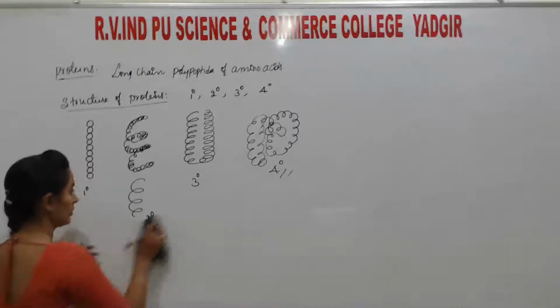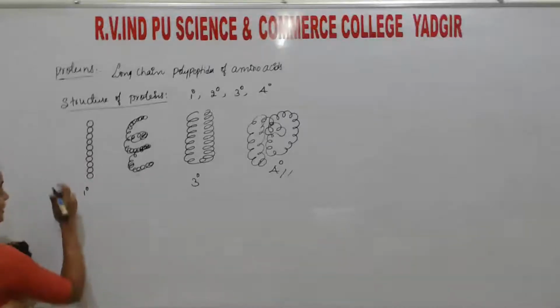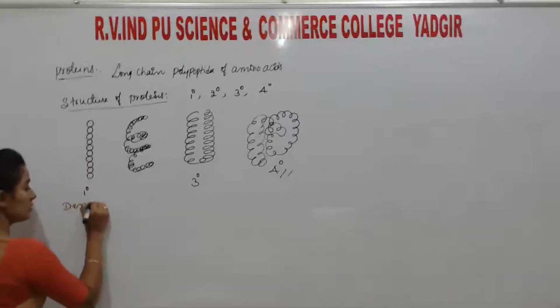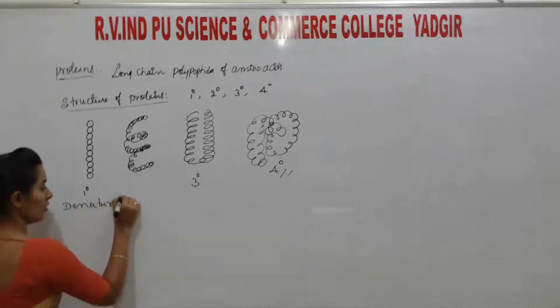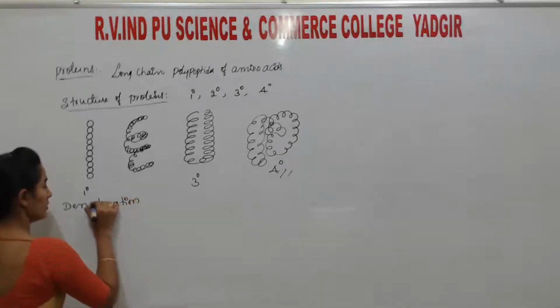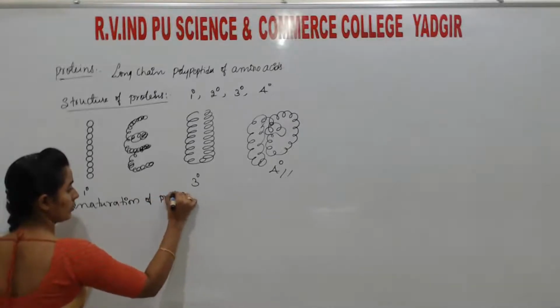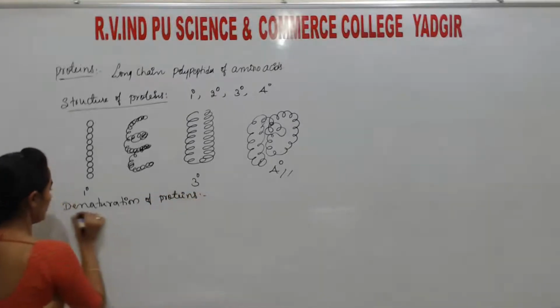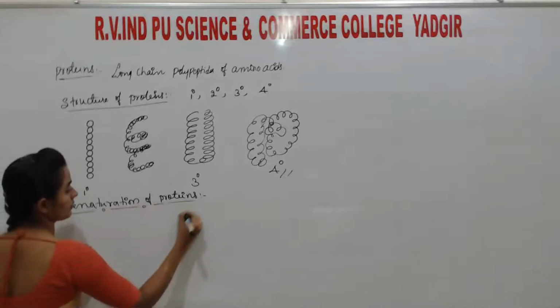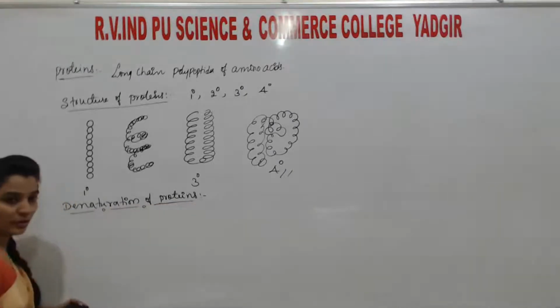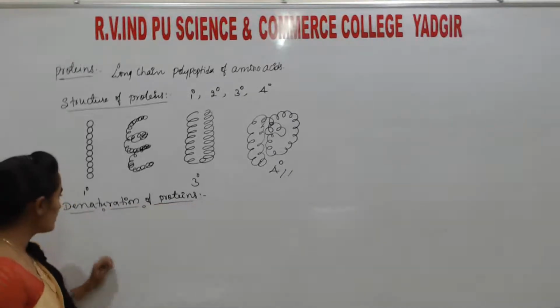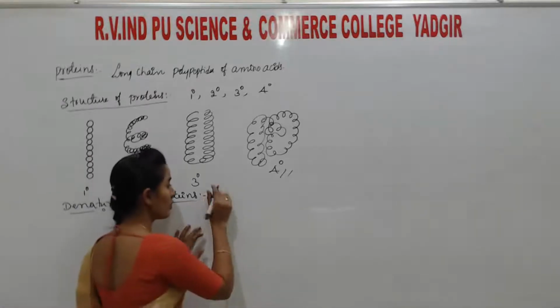Okay. So listen here. The next one based on this is denaturation of proteins. Denaturation of proteins. So students, in this denaturation of proteins, what happens?